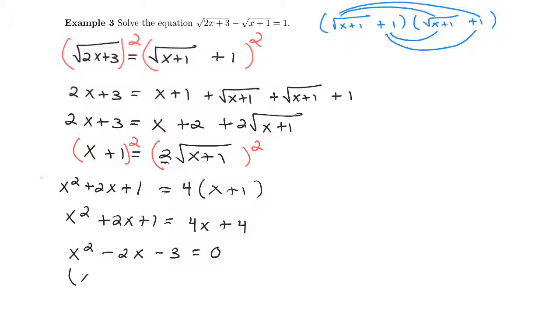I get x minus 3 and x plus 1. And that means my solutions are 3 and negative 1. Maybe they both work, maybe only one, or perhaps neither of them work, but this is what I'd like you to do. Actually take these numbers, plug them back into the original equation, and see if they in fact both work. They both should work, but you should definitely try that out.